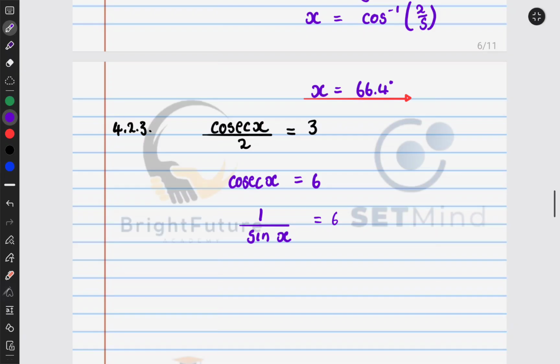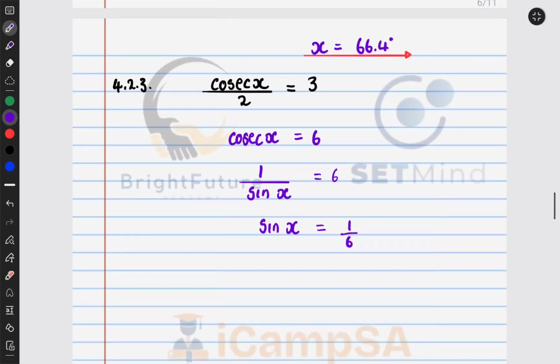Let's make sine x the subject. So we're gonna have sine x is equal to 1 over 6. You can achieve this by doing the cross multiplication, or by just understanding that if you take the denominator and make it the numerator on one side of the equal sign, you have to do the same thing on the other side of the equal sign. Okay, so what is going to be the value of x?